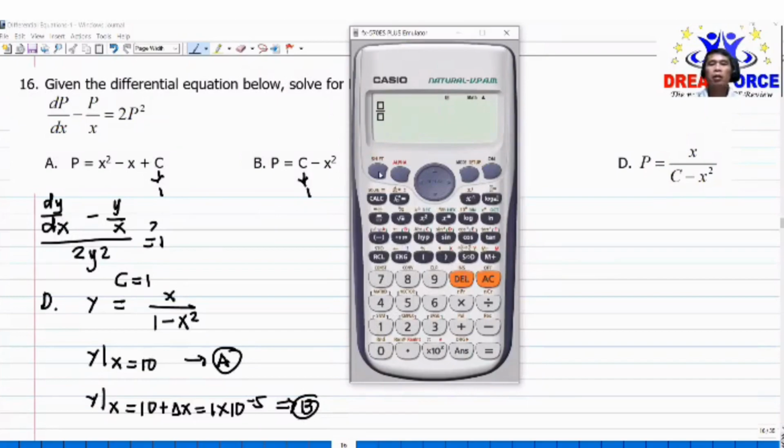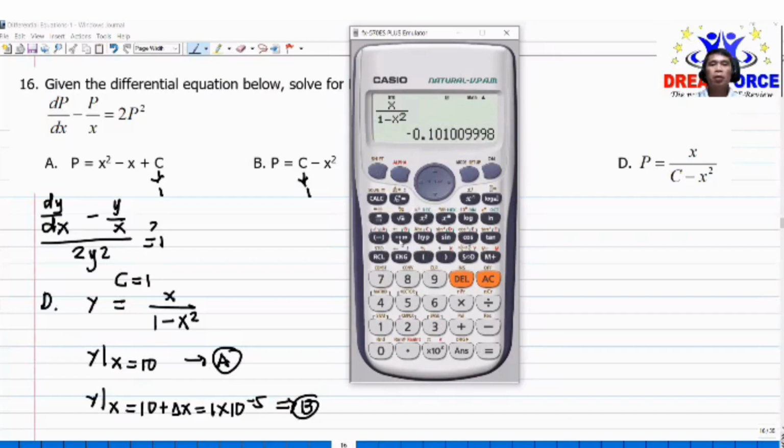Recall x or alpha x divided by 1 minus alpha x squared. So calculate 10, lagay natin. Shift store A, then x plus delta x. So calculate 10 plus 1 exponent negative 5.